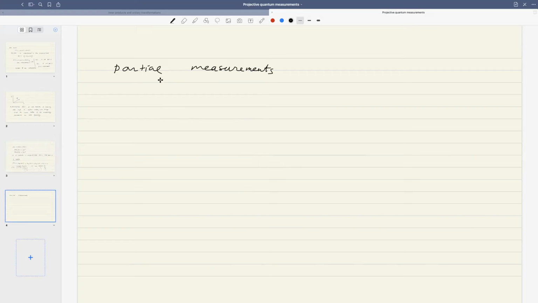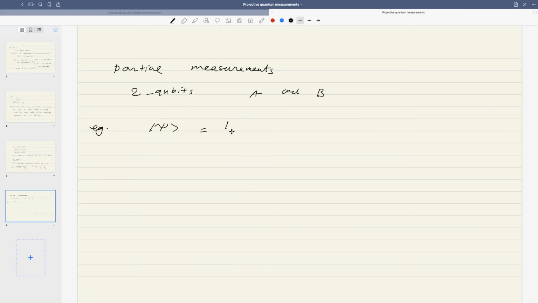So again, let's give an example. So suppose we have 2 qubits, A and B. And let's say I have some state, let's say written as psi as an example.